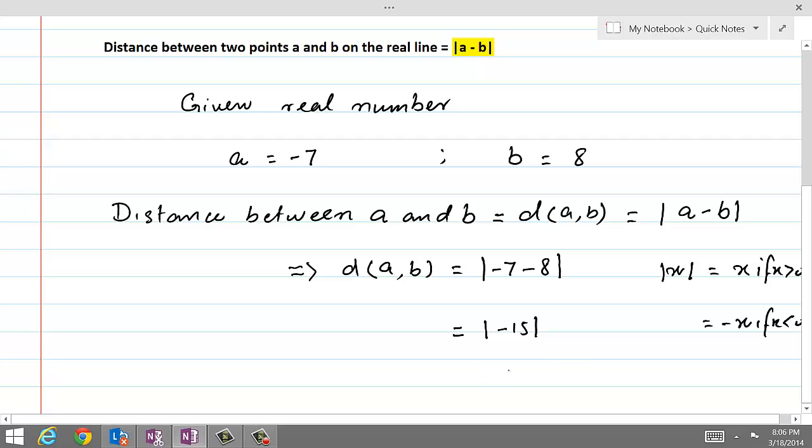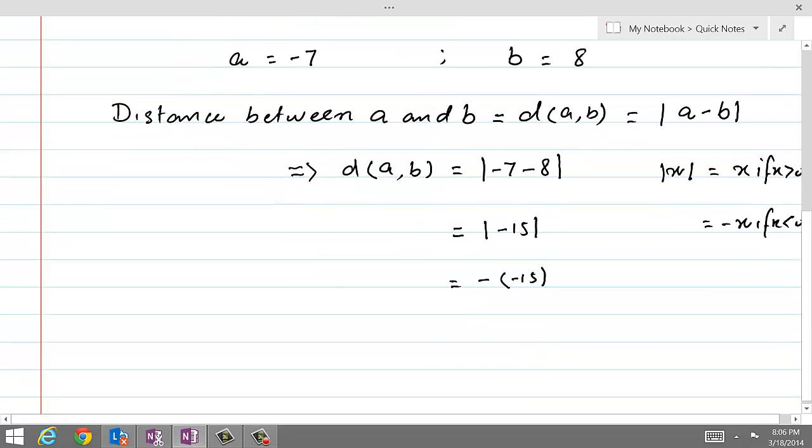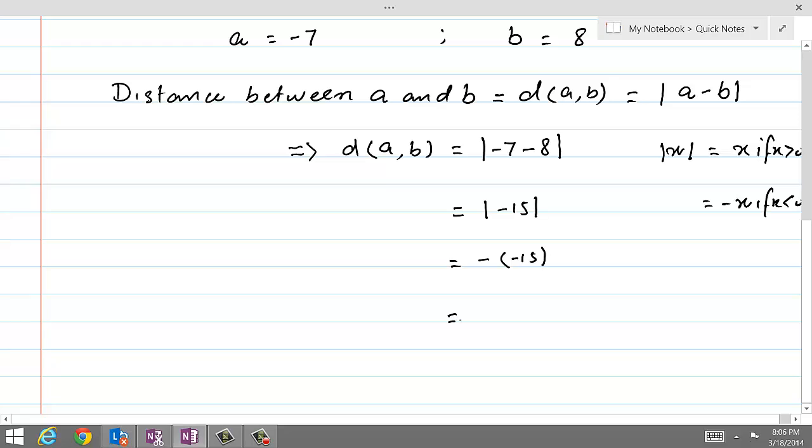So if we apply that definition, this must be equal to -(-15). So what it means is that we ultimately get the positive number, which is 15.